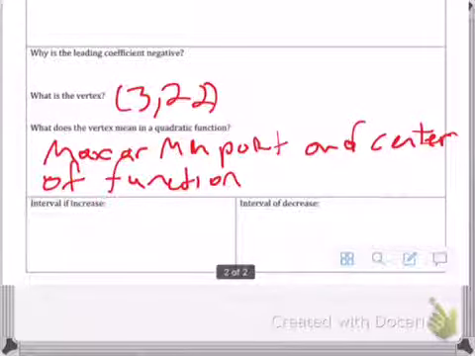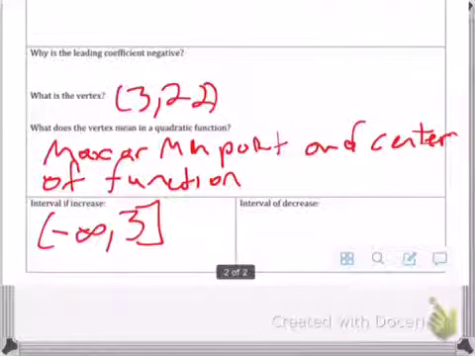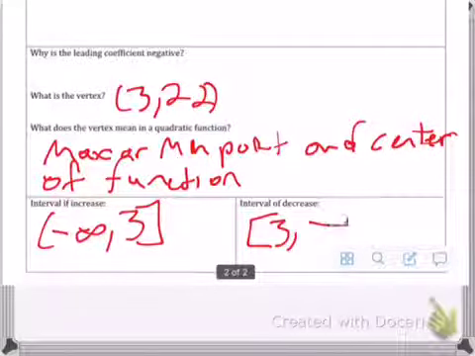Interval of increase is going to be from negative infinity to 3. Interval of decrease is going to be from 3 to positive infinity.